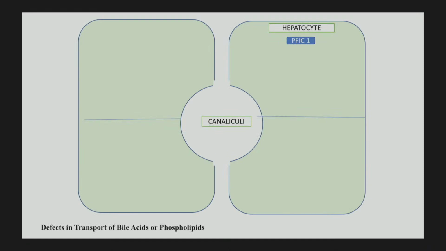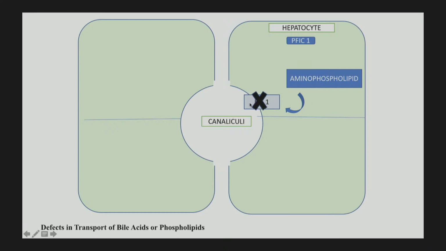As we have just discussed the various bile acid pumps and the associated conditions, now coming to PFIC type 1. PFIC type 1 is a condition where aminophospholipid, which is needed to maintain the integrity of the biliary canaliculus, is inhibited from moving from the inner layer to the outer layer.